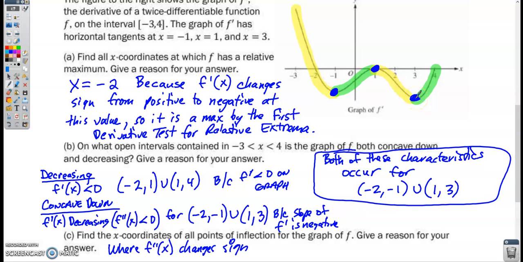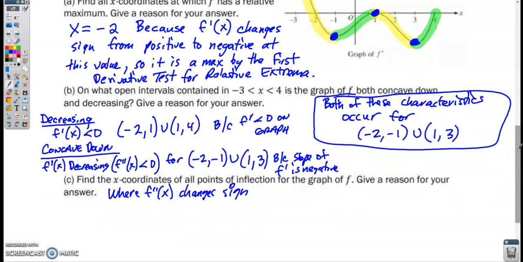And so the x-coordinates are x equals -1, x equals 1, x equals 3, and give a reason for your answer.